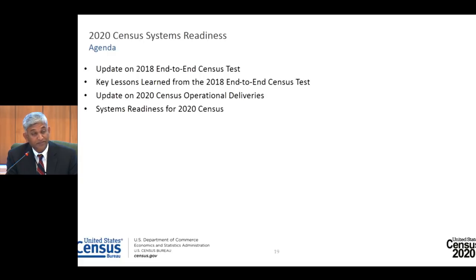Currently, the systems for response processing are operating in production, and systems in support of data products and dissemination and redistricting data operations are on track to be released per schedule.